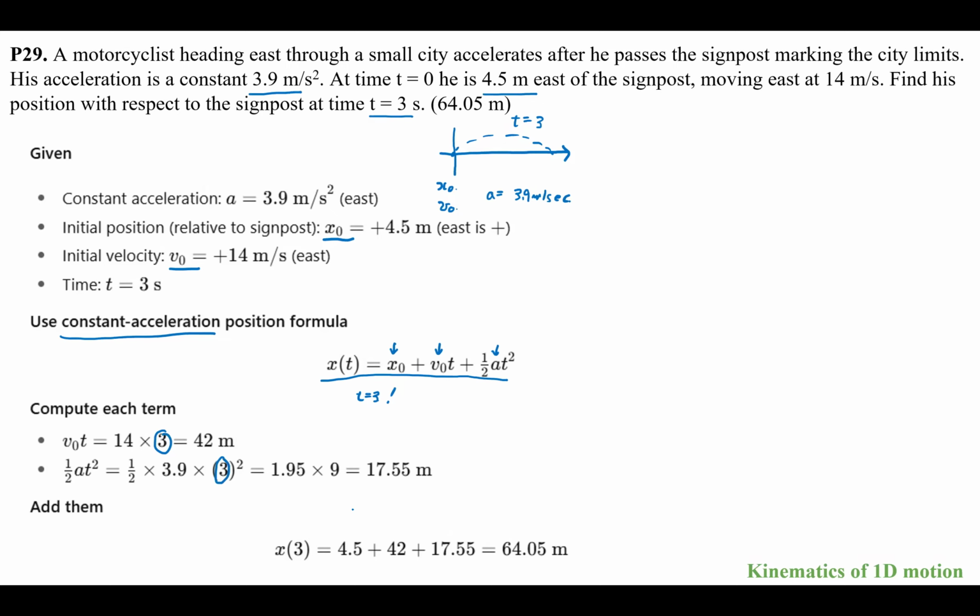Then if you add them all together, you get this value. So this is the direct application of the constant acceleration position formula. But you need to identify the givens: initial position, initial velocity, and acceleration.